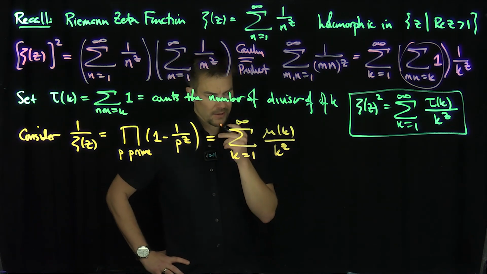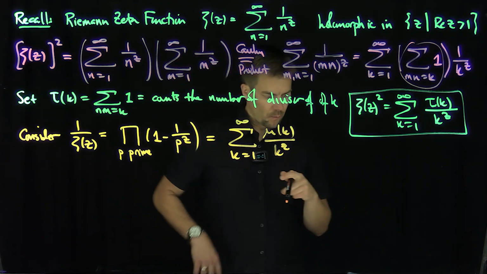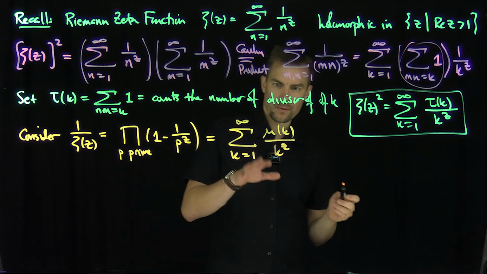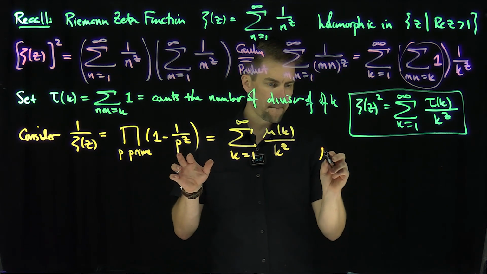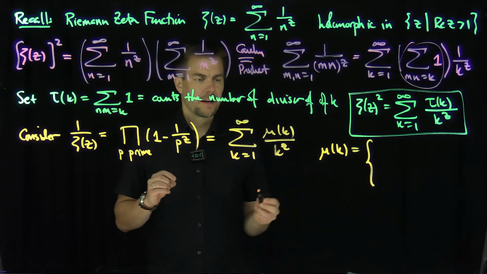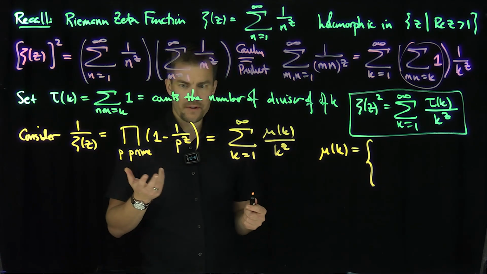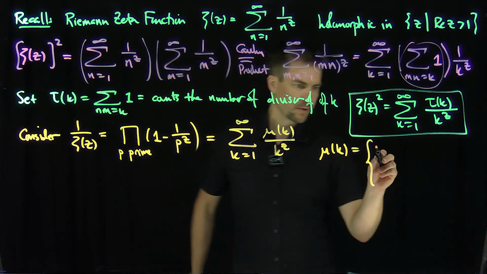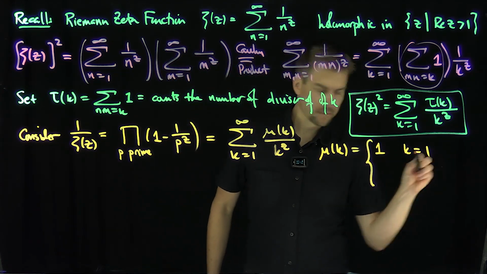Great. And so now, what's this mu k going to give us? Well, if k is equal to 1, then what do we know? I'm just going to get a 1. So it's equal to 1 if k is equal to 1.